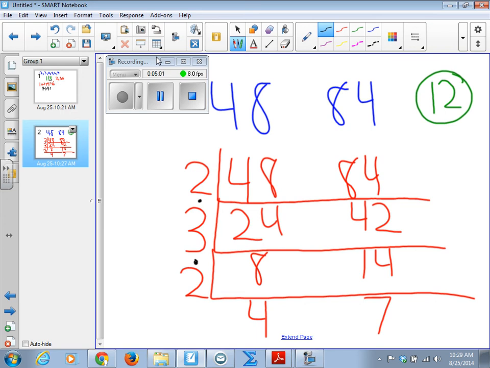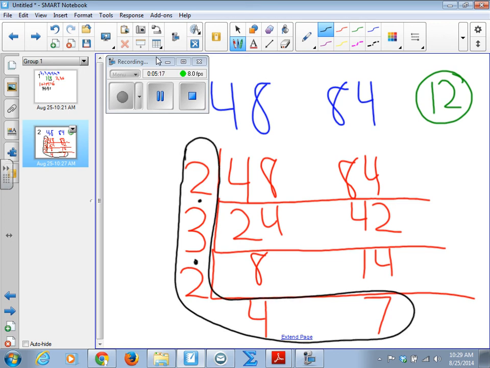This week, you're asked to find the least common multiple of all the numbers. It's the same process, but for least common multiple, we go all the way around the outside of the box. Think about it. It makes an L. If you draw it like that, L for least common multiple.